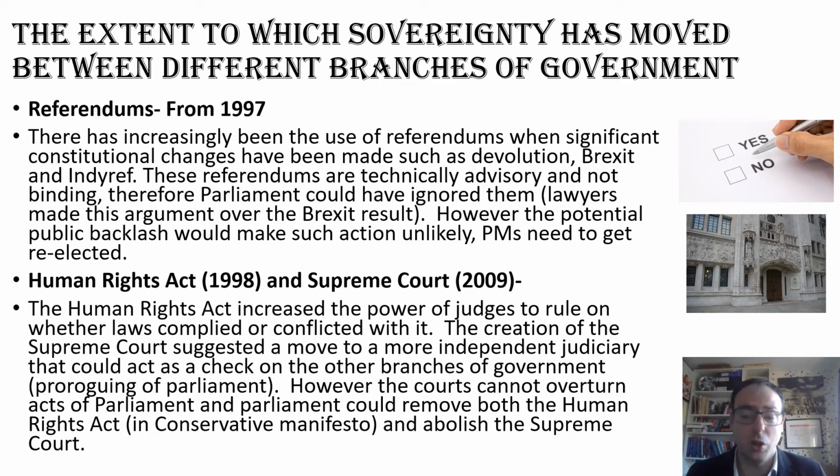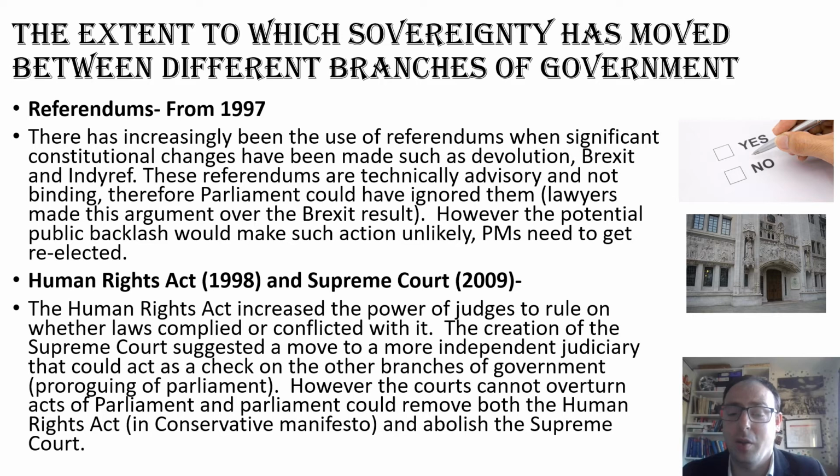Parliament could create acts of Parliament that overturned the Human Rights Act. Who would do that, you would ask? Well, actually, that was in the most recent Conservative manifestos. They talk about replacing it with a Bill of British Rights. I mean, it's not saying that they're going to remove all rights. It's just that that particular act, and the impact it's had on British politics and law, could be removed.